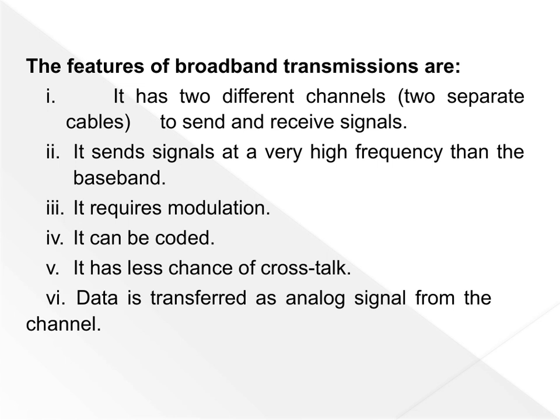Lastly, data in broadband is transferred as an analog signal from the channel, which differs from digital transmission methods. All these features collectively make broadband a powerful and reliable method for high-speed data transmission, aligning with our overall goal of understanding efficient communication systems.